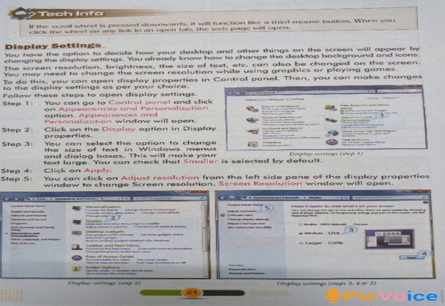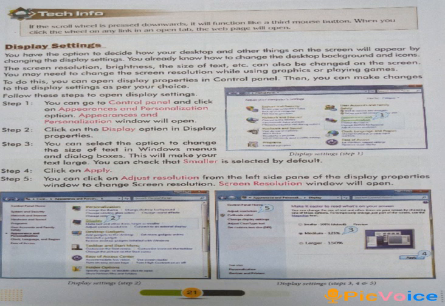Step 5, we can click on adjust resolution from the left side pane of the display properties window to change screen resolution. Screen resolution window will open.